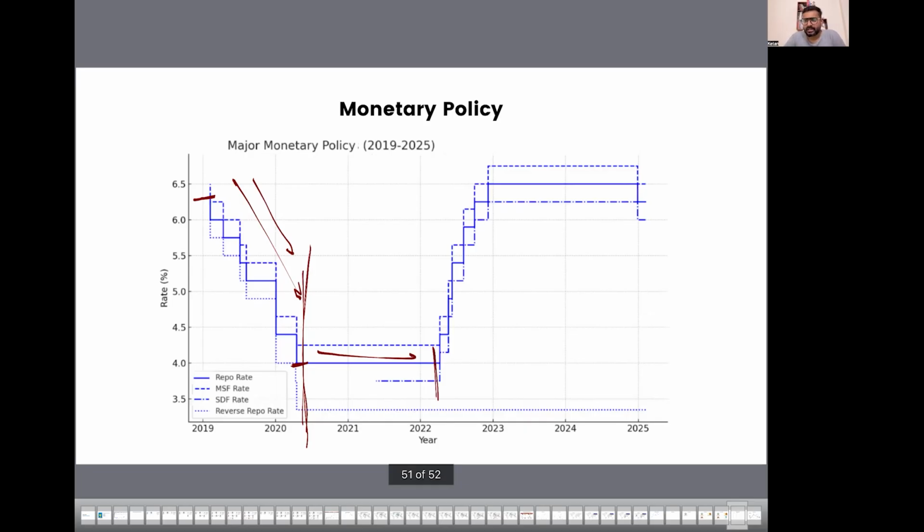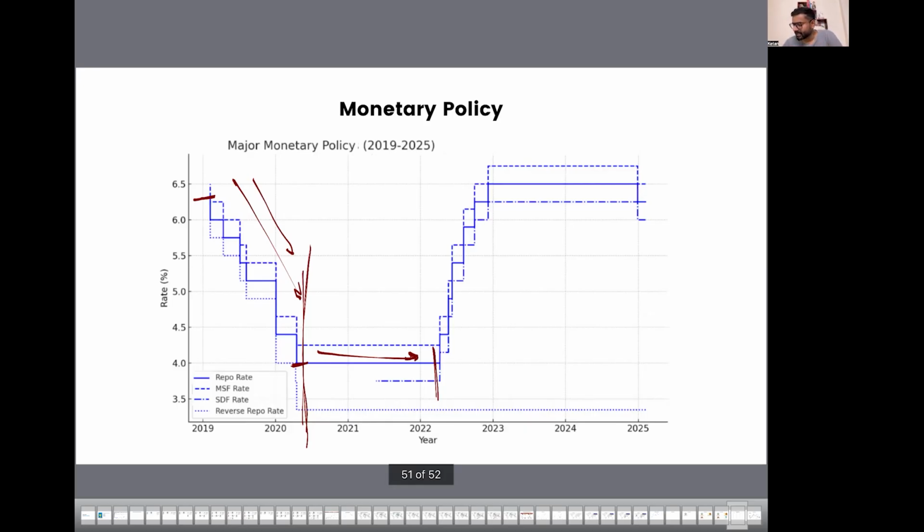And during this period, the Indian economy was undergoing recovery from the shock that it experienced due to COVID-19 and subsequent lockdowns. So the stance of the RBI during this period was very accommodative.